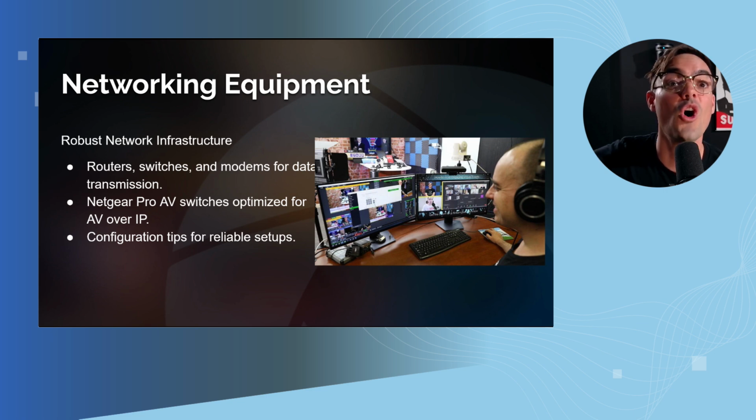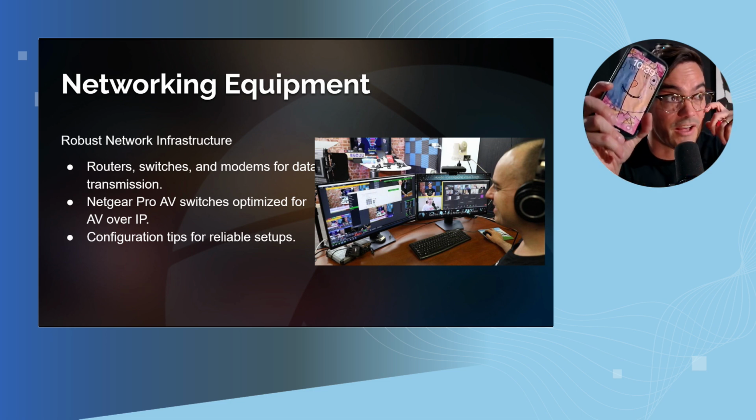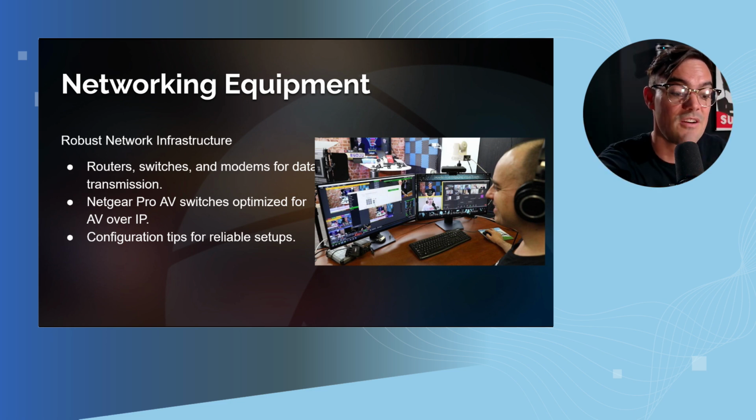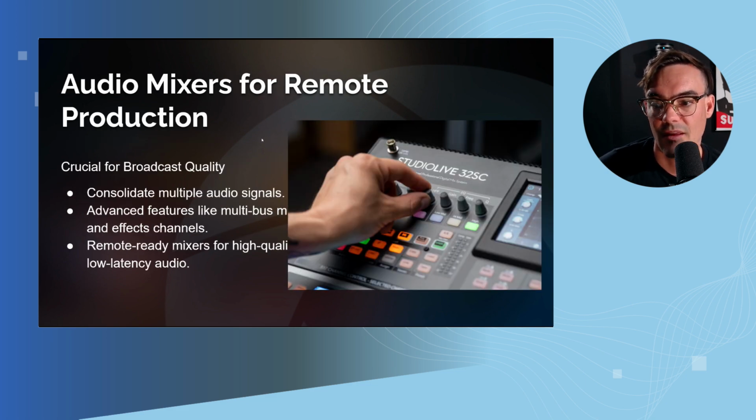Sometimes you've got to bring your own cellular bonded network connectivity to the location that you're going to be streaming from. And I would highly recommend looking into Speedify, which gives you the ability to bond multiple cellular connections, multiple phones together, so that you can use all of that in a single production.